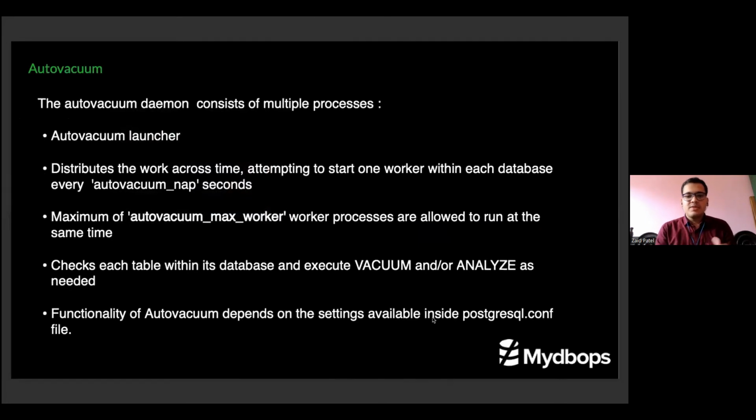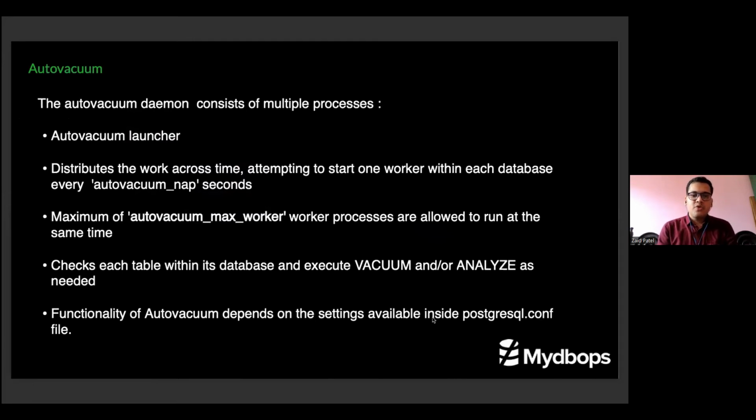So this is a brief explanation of how things work. First, the autovacuum launcher wakes up. It distributes the work across time, allocating one worker to each database, as per the autovacuum naptime settings. You can set these settings according to the database activity.